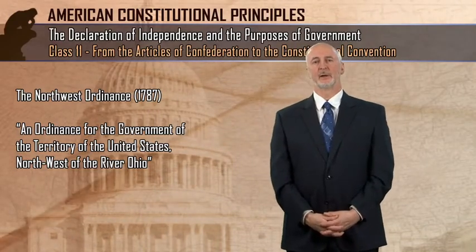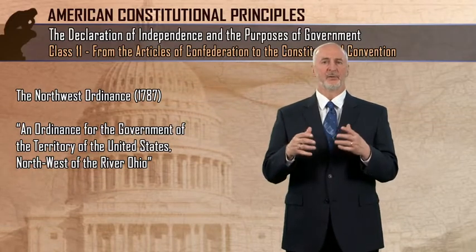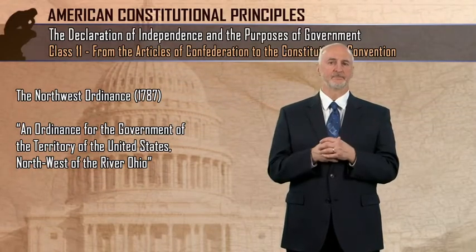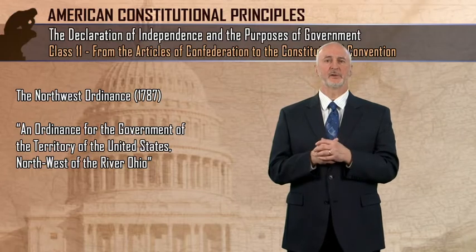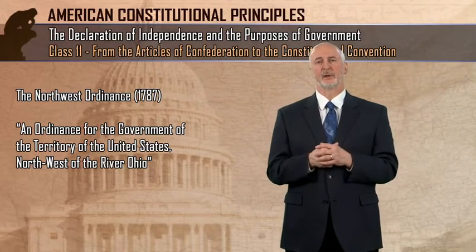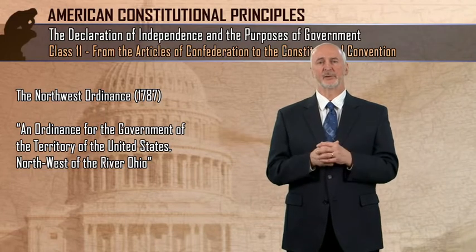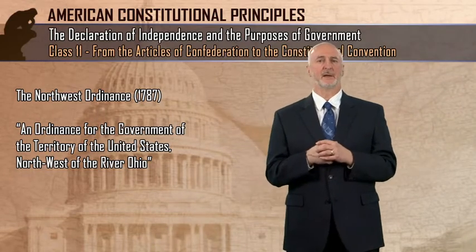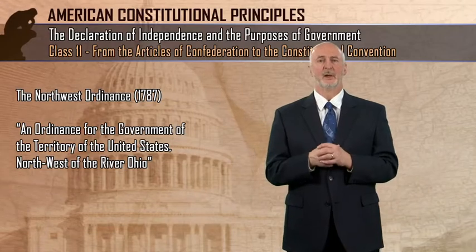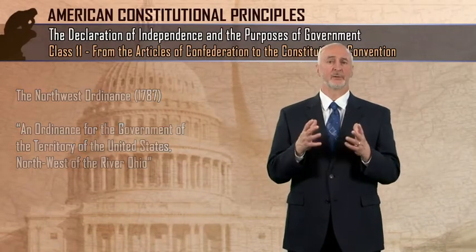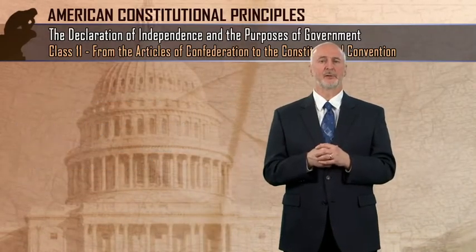And this established the conditions for the population of these states, the division of the states into different townships, the organization of the states, and of what would be the future states. And that was really a pretty considerable accomplishment.